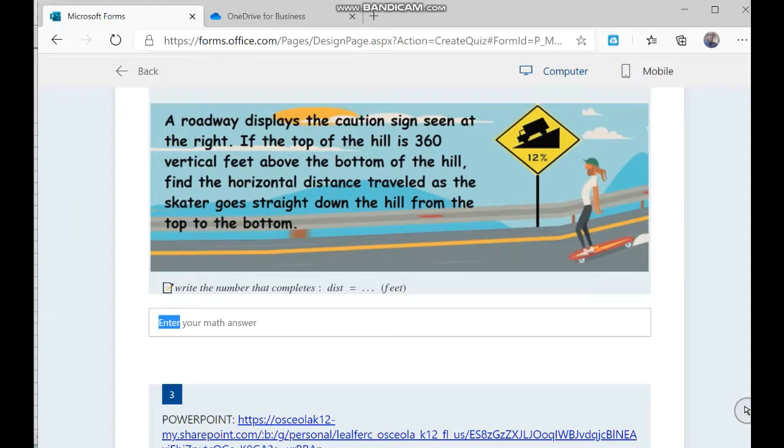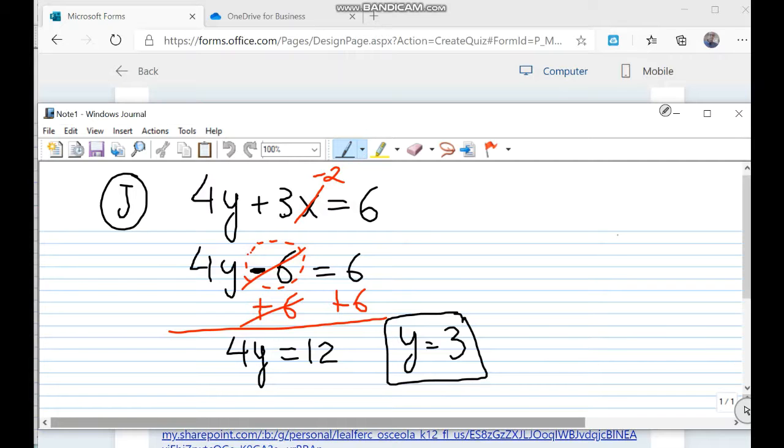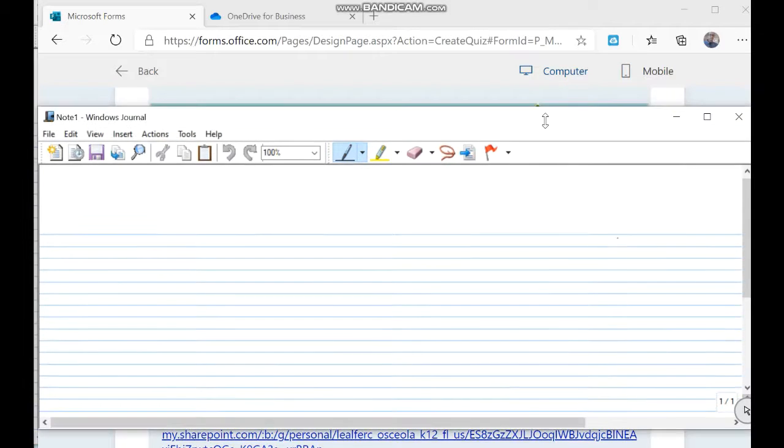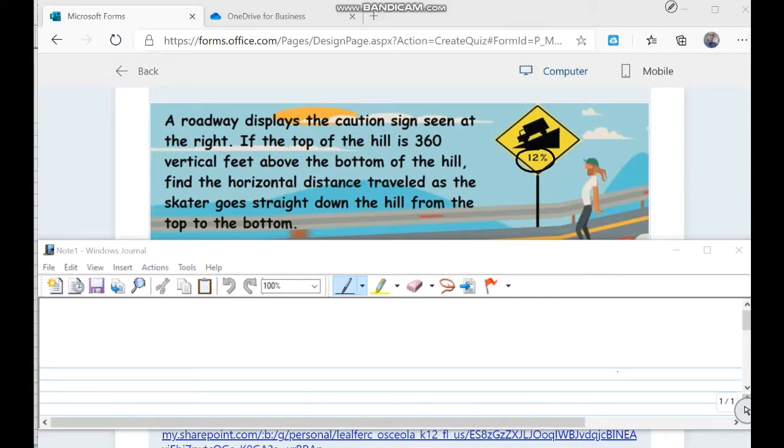About the bell work, a hint to solve it. Let me show a hint. Let me clean this up. This 12%, if you have the hill, that means the 12% is going to be the slope.